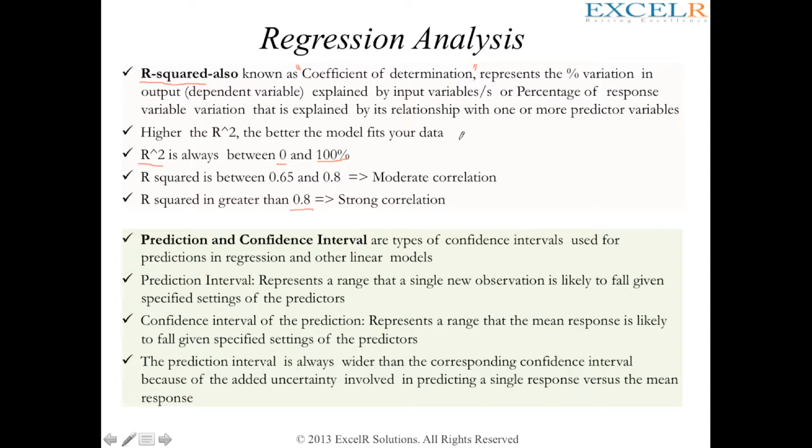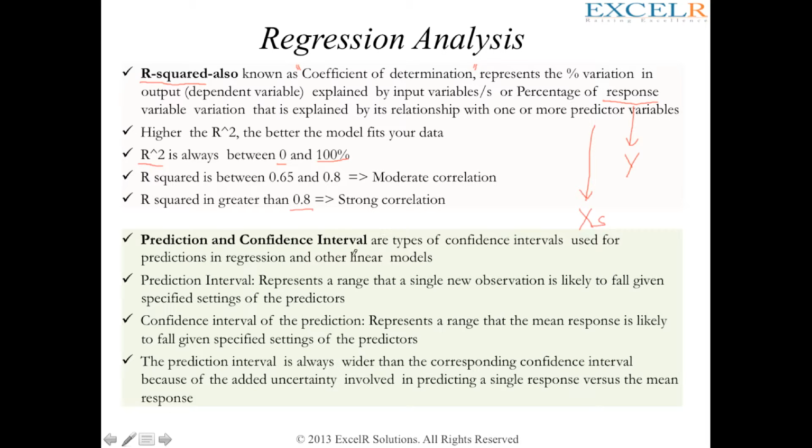Now, this R squared value represents the percentage variation in output which is explained by the input variables, or the percentage of response variable variation that is explained by its relationship with one or more predictor variables. The response variable is another name given to your output variable y. Predictor variables are x's, inputs. These are all the different names: dependent, independent, input, output, so on and so forth.